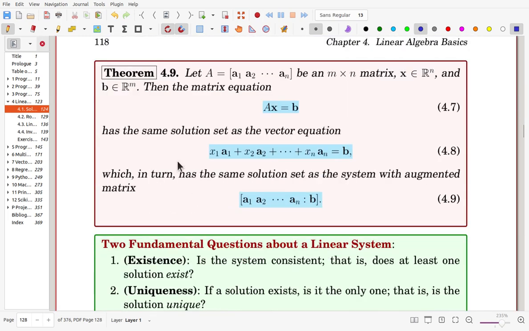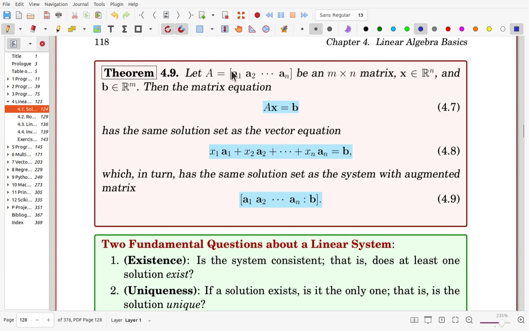So we have a theorem. A is an m by n matrix with columns a1 to an, and b is a vector in Rm. Then the matrix equation has the same solution set as the vector equation.